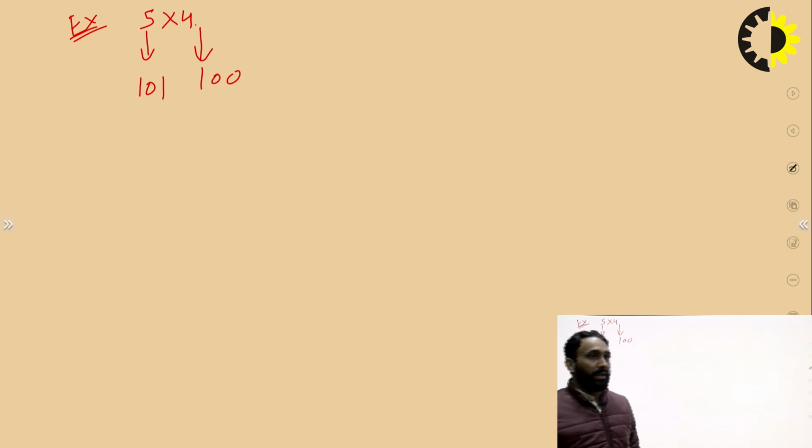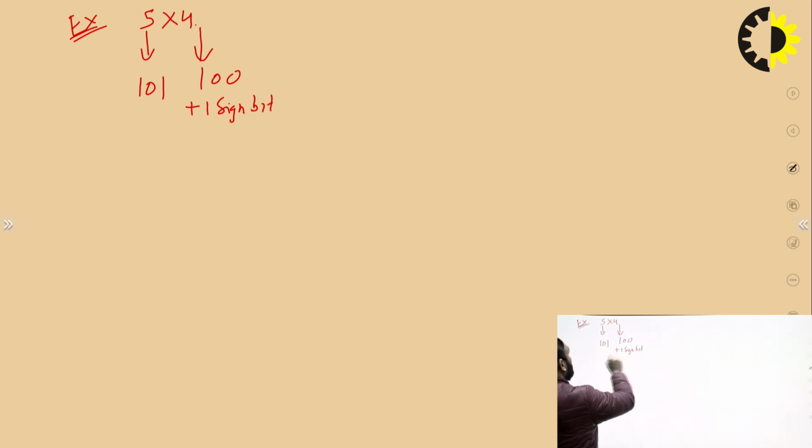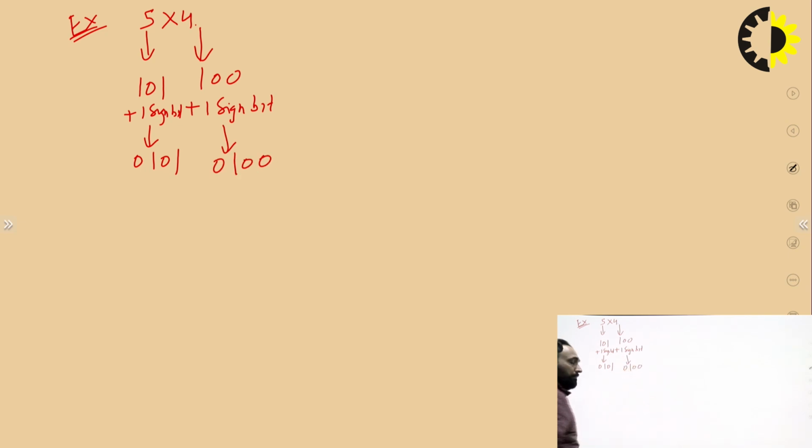Because we are performing signed multiplication, we will add one sign bit, so that it will be easy to understand whether the value of the multiplier or multiplicand is negative or positive. We will add a plus 0 sign bit in both cases. So the final values will be 0 1 0 1 and 0 1 0 0.